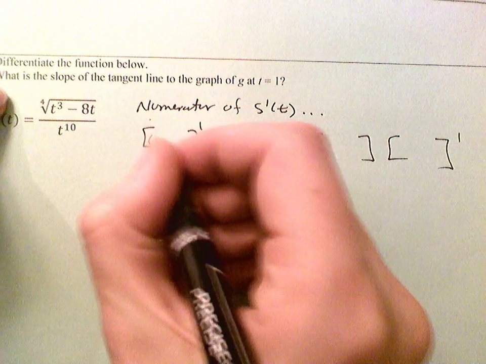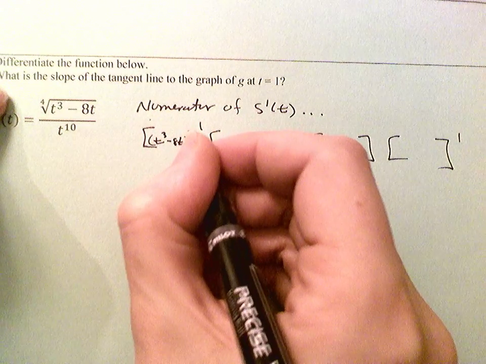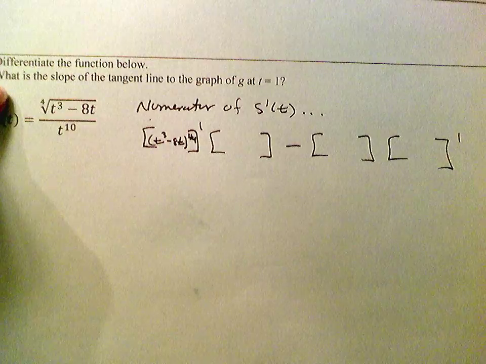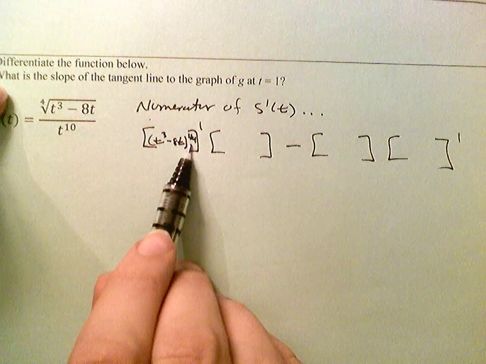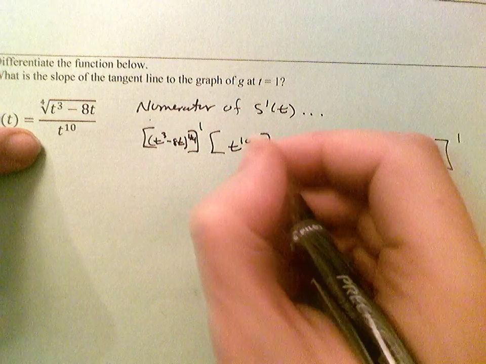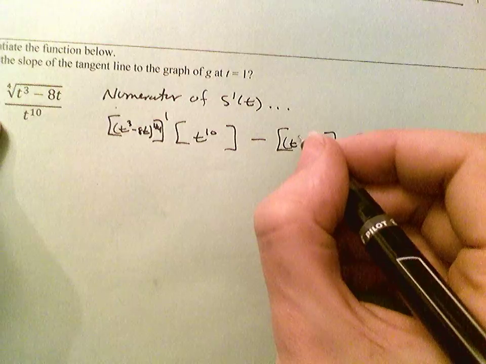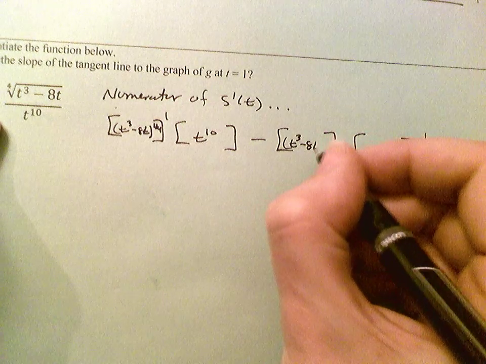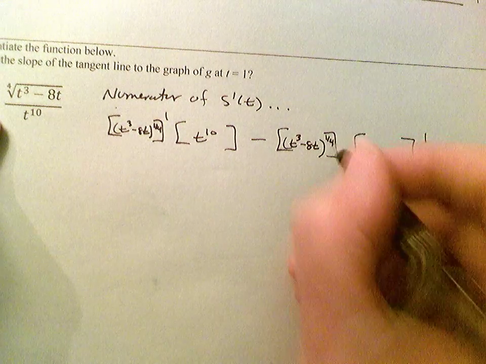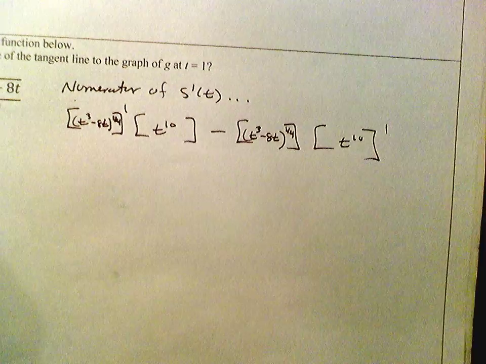So I have t to the third minus 8t all to the 1/4. Sorry, you can't really see that, but that's a 1/4 power. And then t to the 10th. I'll try to write the numerator more clearly: t to the third minus 8t all to the 1/4, and then t to the 10th.